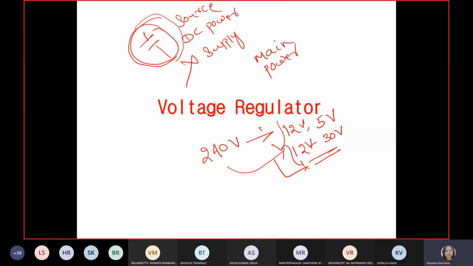The output we are getting is the lower voltage, or we need it in the lower form, that's why we need to use the voltage regulator. It should give a constant DC voltage, and it is always lower than the main AC supply voltage. So how do we get that, guys? What are the circuitry involved in that voltage regulator? That is very, very important.